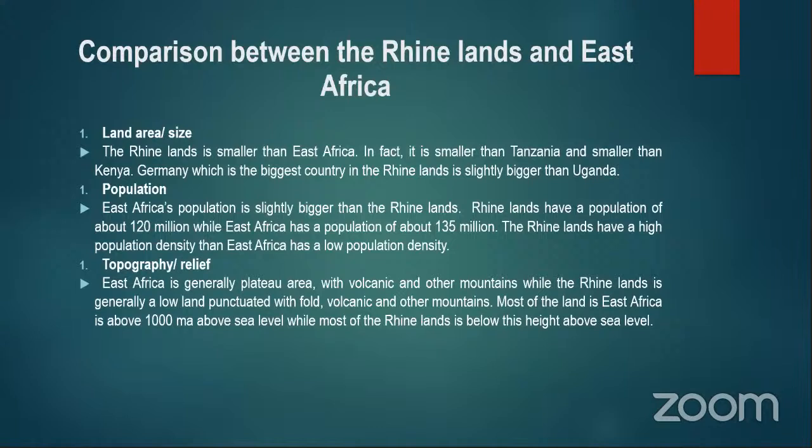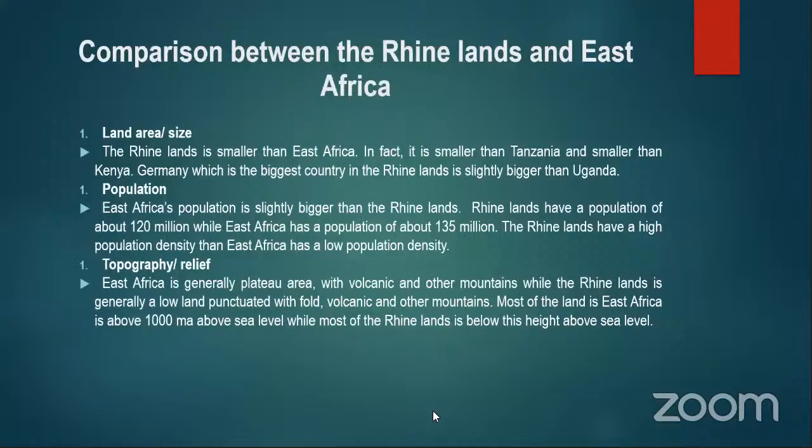Most of the land in East Africa is above 1,000 meters above sea level, while most of the Rhinelands is below this height. So the Rhinelands is at a low level.